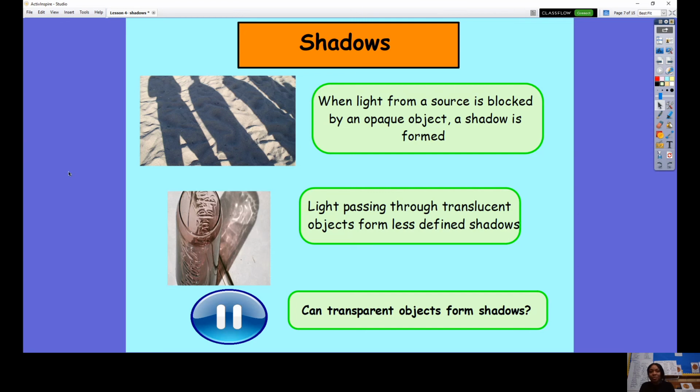Now, hopefully you got the correct answer, which is transparent objects cannot form shadows. And the reason why they can't form shadows is because when a light source shines on a transparent object, the light travels through the object. Okay, it's not blocking the light, so therefore there cannot be a shadow cast.